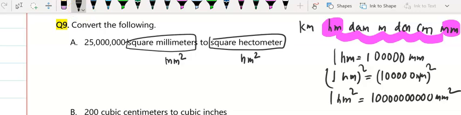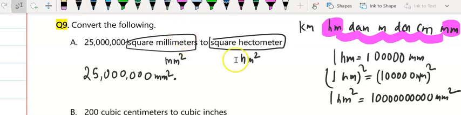So we're converting 25 million 60 millimeter square to hectometer square. So you use this as a conversion factor, 1 hectometer square divided by 10 billion, because after 10 you have 9 0s.